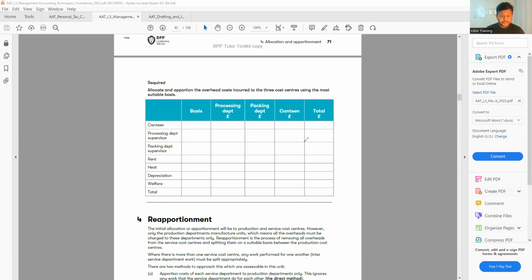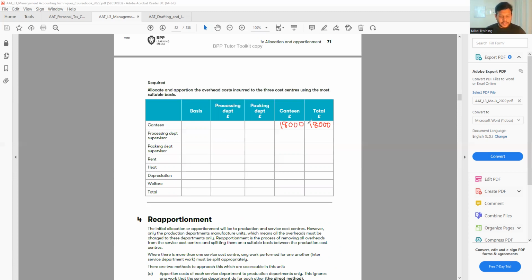The first one is the canteen. Canteen is 18,000 total, and all the canteen cost belongs to canteen. We can allocate it directly.